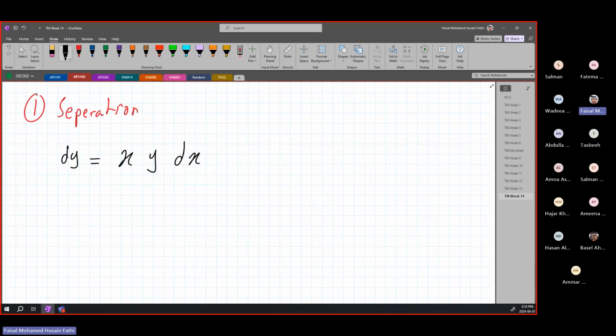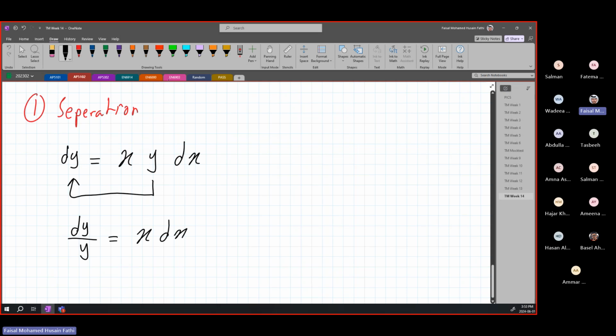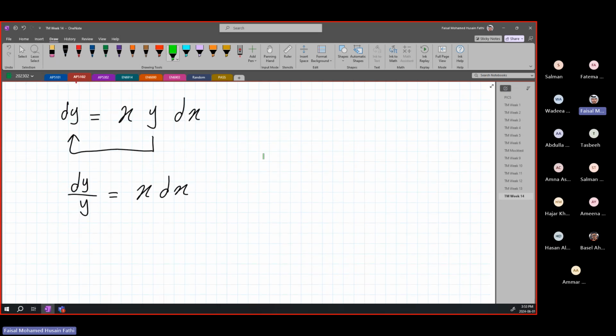And now I need to move my y to the other side so it can be with dy. So it's going to be dy over y is equal to x dx. And now if you notice, our x's are together, x and dx is together, and y and dy are together.